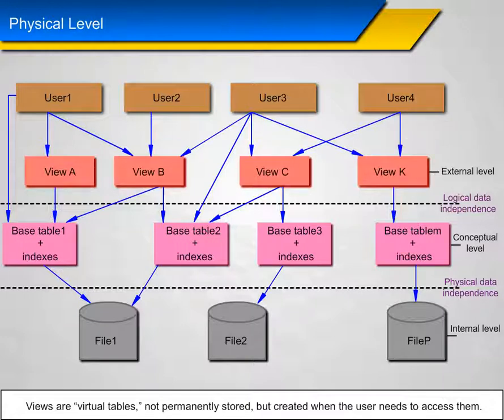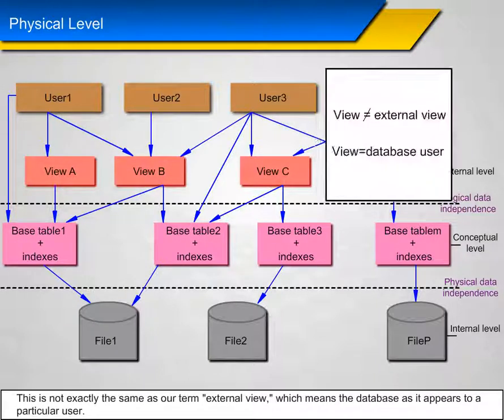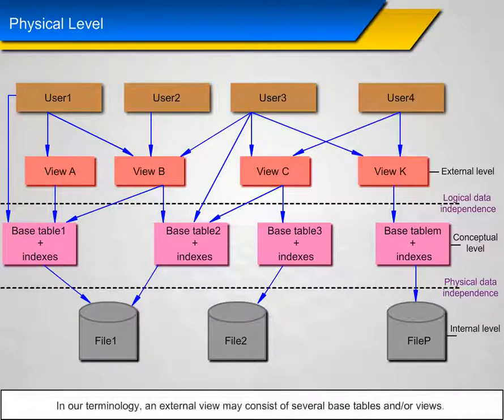Views are virtual tables not permanently stored but created when the user needs to access them. This is not exactly the same as our term external view, which means the database as it appears to a particular user. In our terminology, an external view may consist of several base tables and of views.